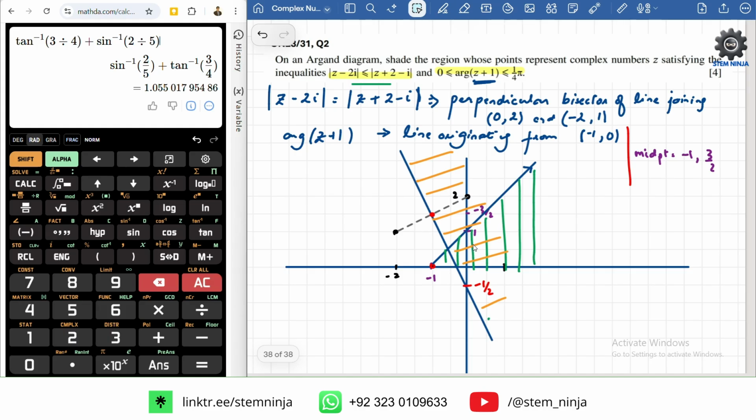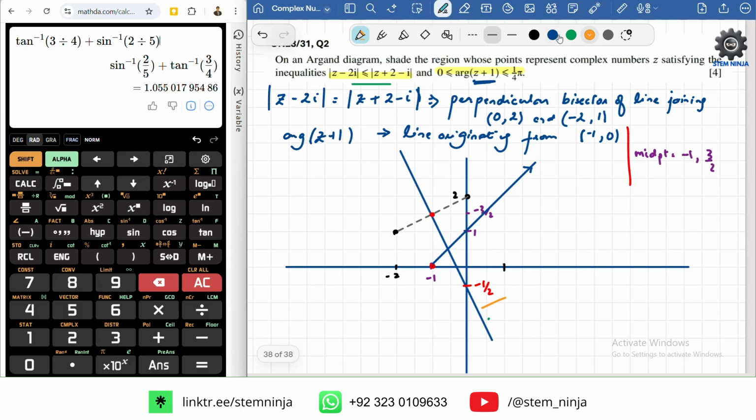So under the half line, only this particular part, so not even this thing. So everything beyond this, this part, this is your shaded region.